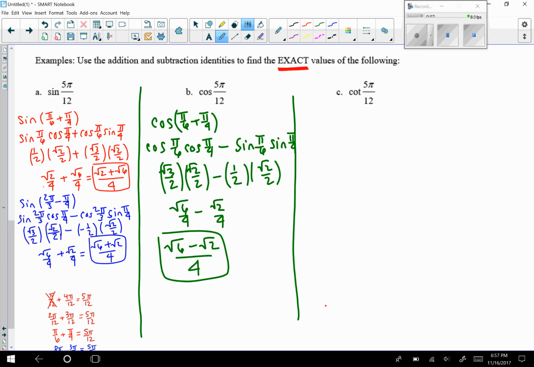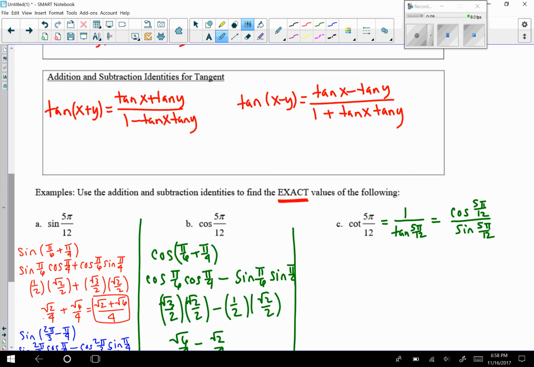So we can do the same thing for cotangent. So for cotangent, we know that's 1 over the tangent. So we could do 1 over the tangent of 5 pi over 12. Or cotangent's also cosine, so we could do cosine of 5 pi over 12 divided by the sine of 5 pi over 12. So if you're using the tangent equations, you could use pi over 6 plus pi over 4, so then you'd be using this right here.